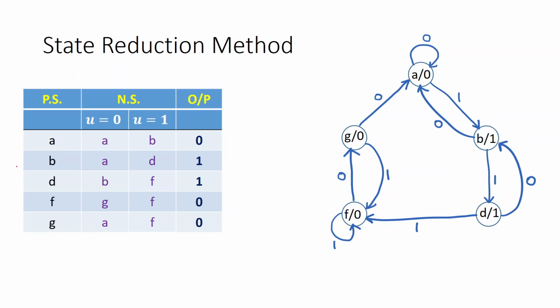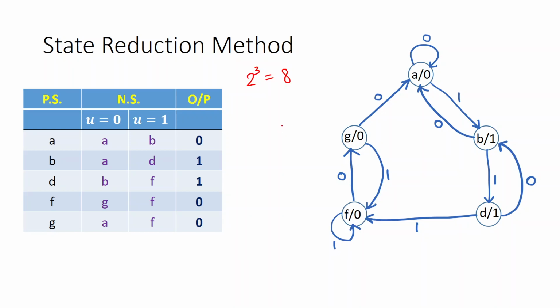You will need 3 flip-flops, because with 2 flip-flops you can represent 4 states. Whenever you are going to the 5th state, you have to go to 3 flip-flops, but 3 flip-flops will have 2 to the power of 3 equals 8 total states available in it.